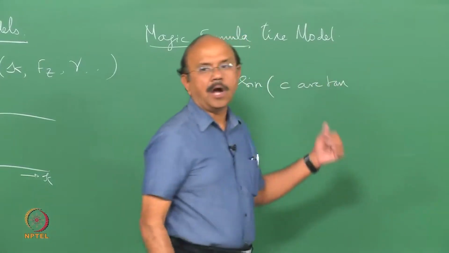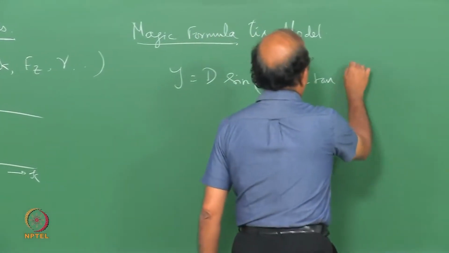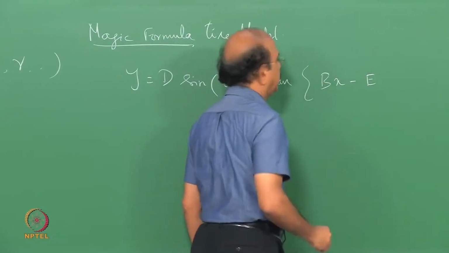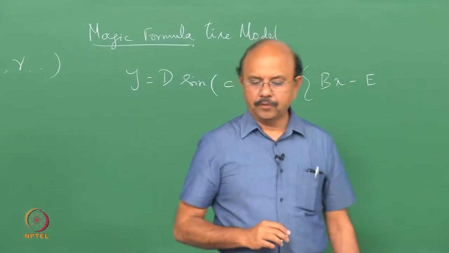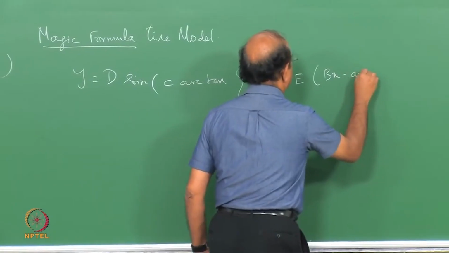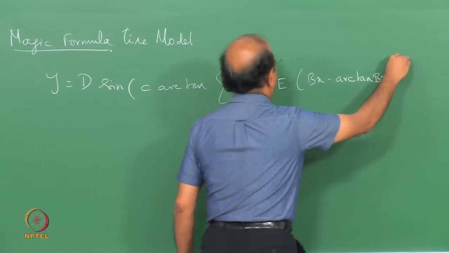Don't worry about why this is so complex. That we will see in a minute, how this came about. Bx minus E into Bx minus arc tan Bx.